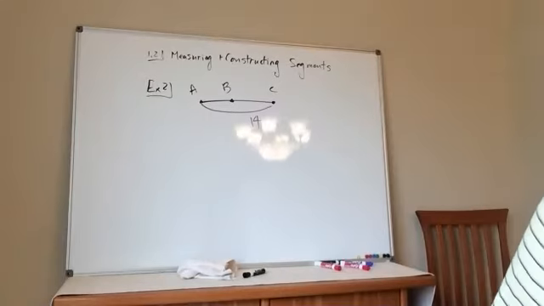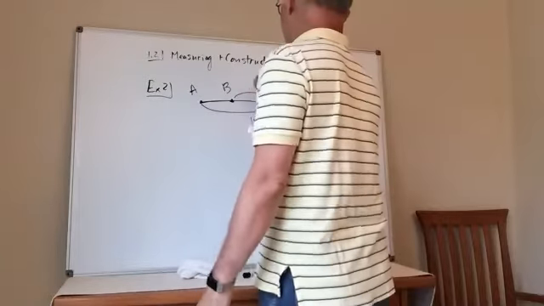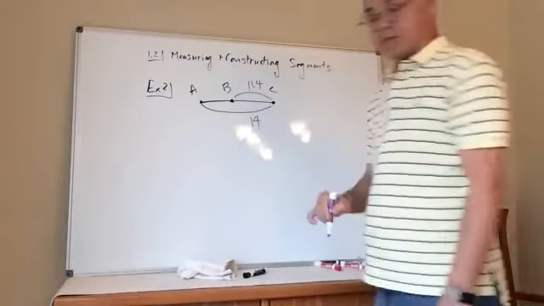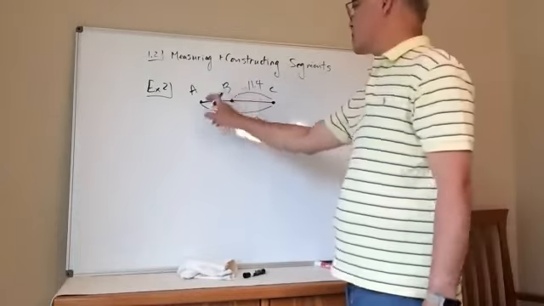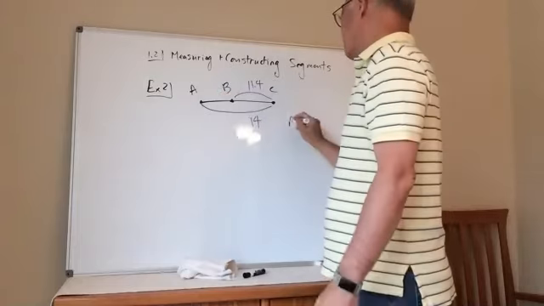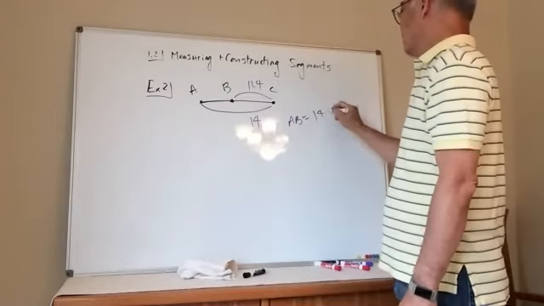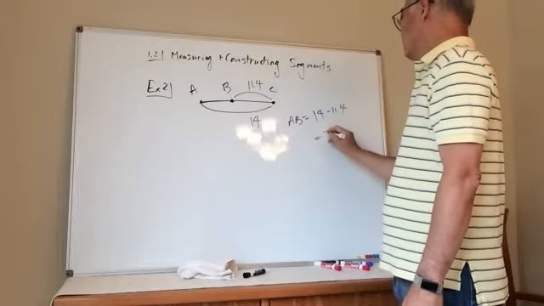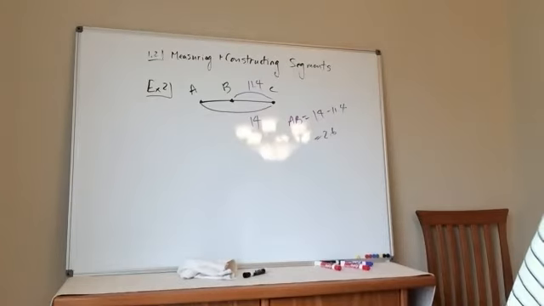I'm also given that BC is 11.4, so from here to here is 11.4. Find AB. So this length here, AB, is going to be 14 minus 11.4, right? 2.6. So 2.6 is your answer.